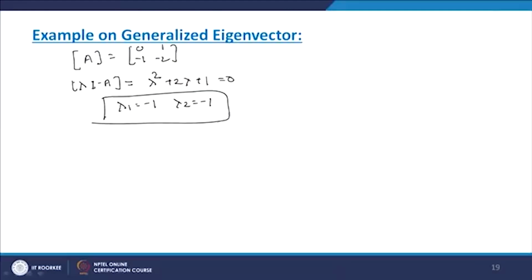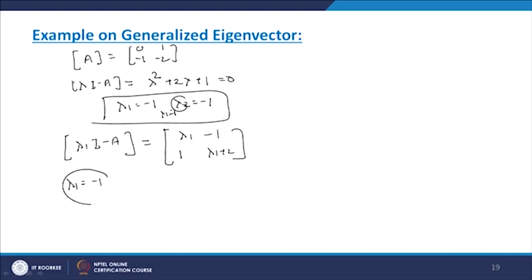So for that purpose, here lambda 2 we have taken, we can see lambda 1 equals lambda 2. Now, how will we proceed further? I will write the equation as lambda 1 I minus A equal to lambda 1, minus 1, 1, lambda 1 plus 2. Next, we write this for lambda 1 equals minus 1.